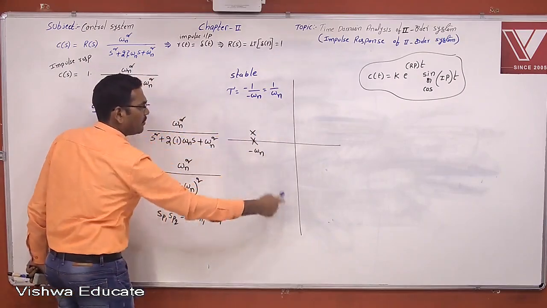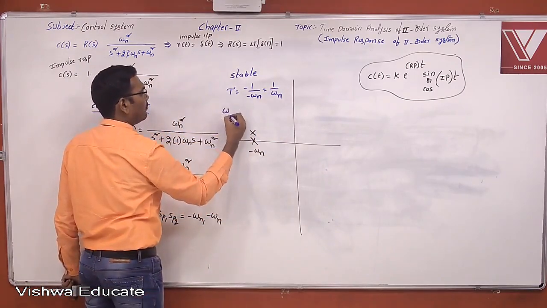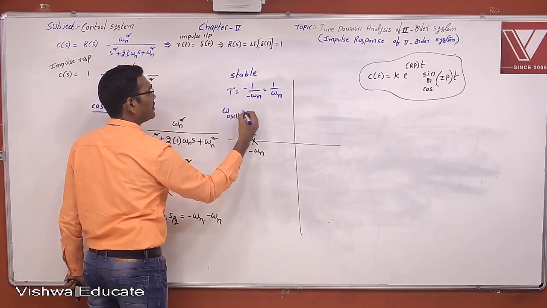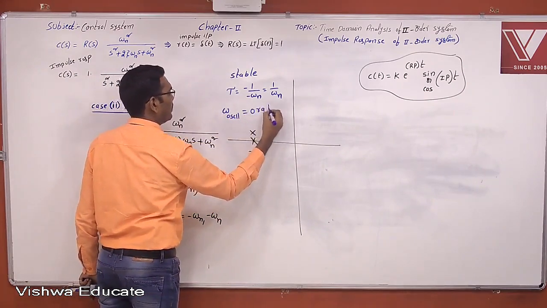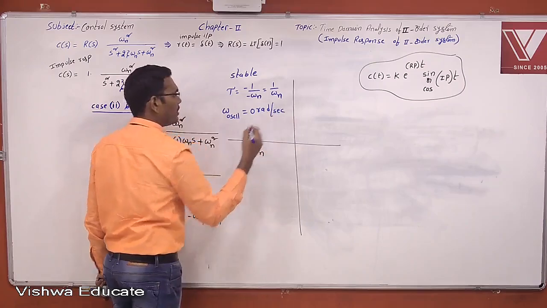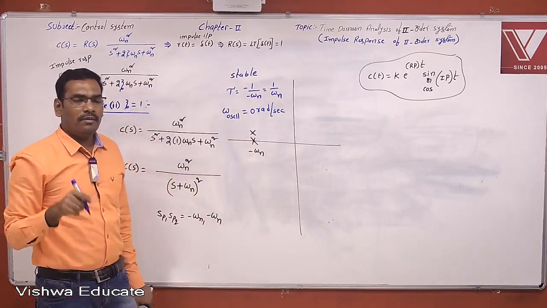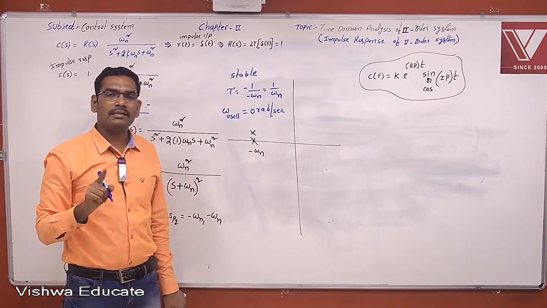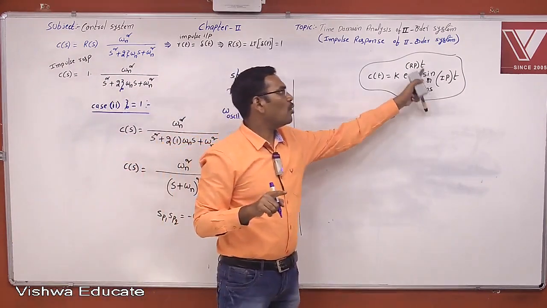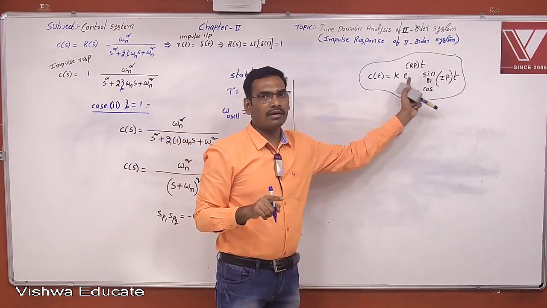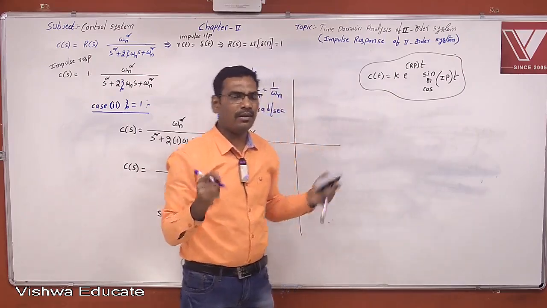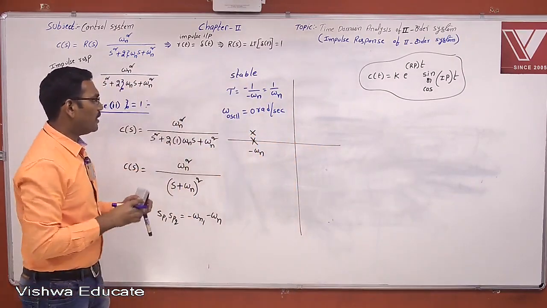No imaginary part, only real part. Therefore oscillation frequency is 0 radians per second. Only one simple logic: whenever there is an imaginary part, there is a sine or cos term; no imaginary part, no sine or cos term, only an exponential term.